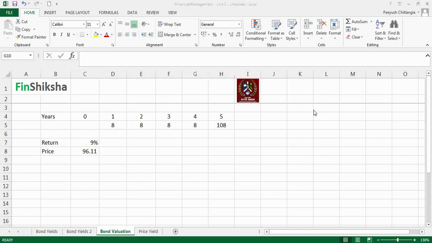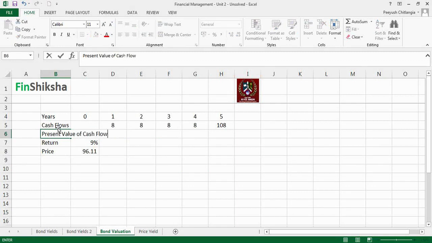The other way we can do it is to calculate the present value of each of these cash flows, which is this divided by 1 plus 9%, and this divided by 1 plus 9% squared, and so on and so forth, right? So let's do that part of the equation as well and find the present values of all these cash flows. So these are the cash flows. Let's find the present value of the cash flows.